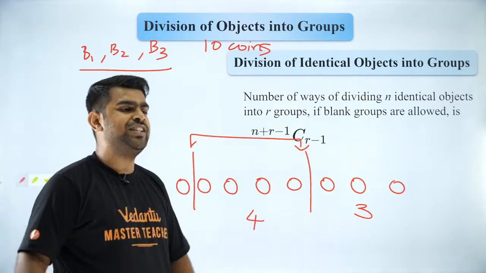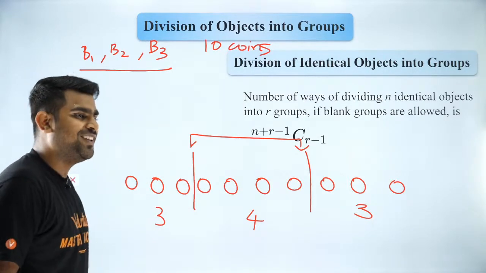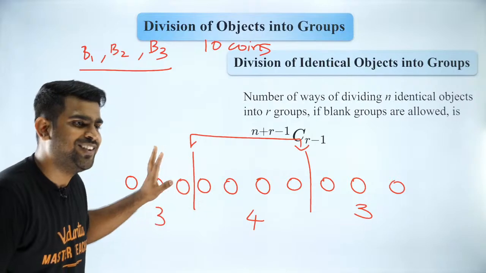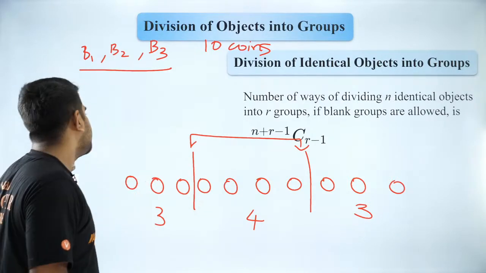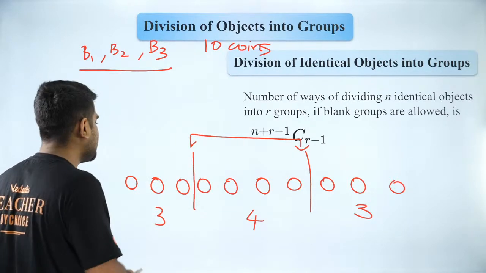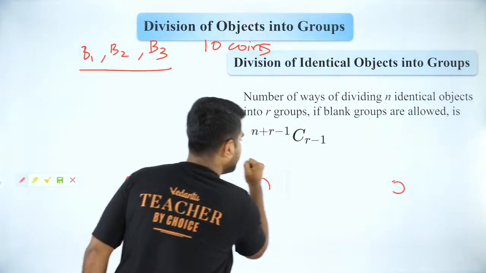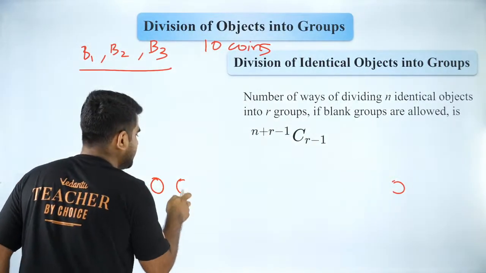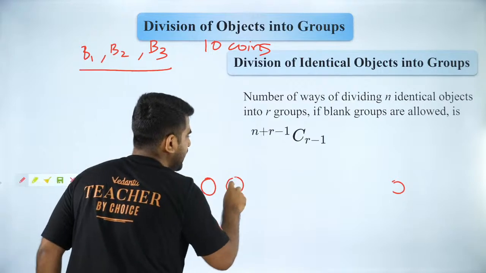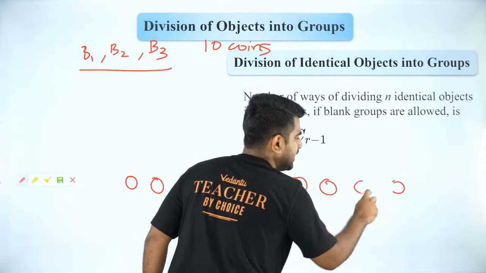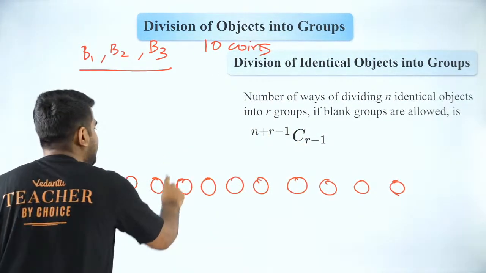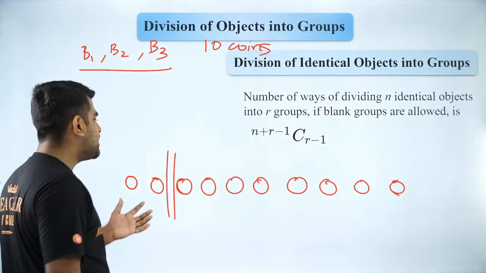Okay, are you guys clear with it? Now, let us look at other arrangements. Let's say we don't have the sticks like this. Let's say we have it like this: 1, 2, 3, 4, 5, 6, 7, 8, 9, 10. What does this mean?